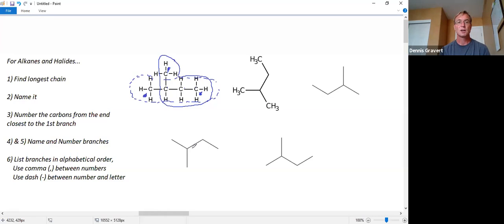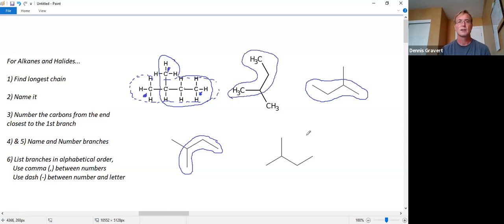So if you wanted to number it this way, or you wanted to find the parent, you might decide that's my longest one. And someone else might say, no, this is my longest one. You could number it this way, or you could have done it this way.